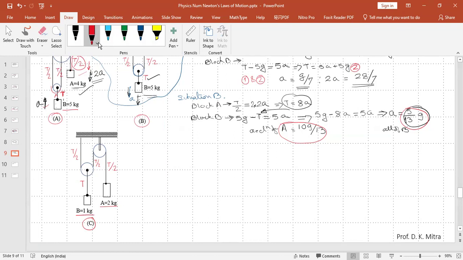This is block B and this is block A. In situation C, we get from considering block B: T is the upward force, the downward force is 1g, and the acceleration is A. From there, we get tension T equal to A plus G.